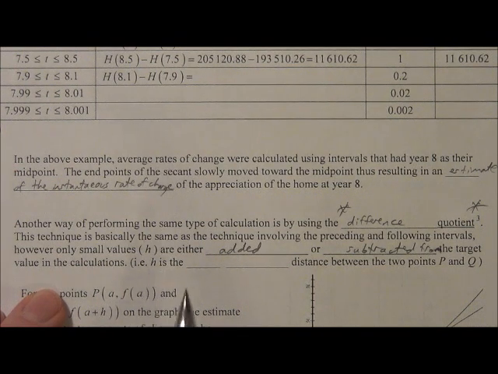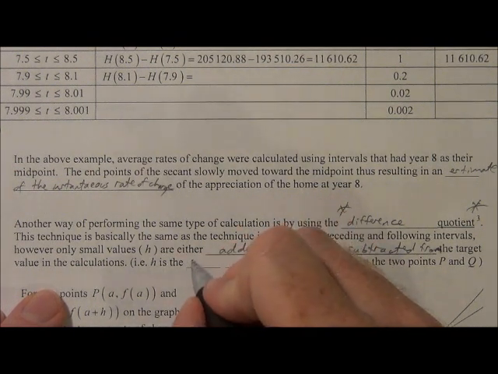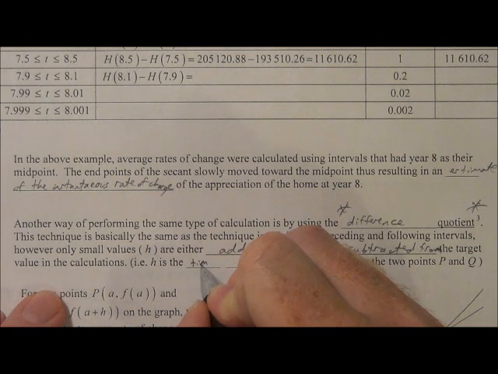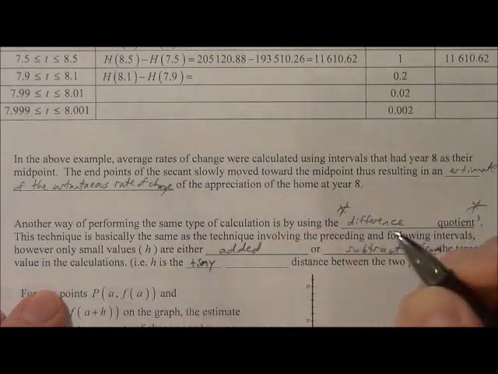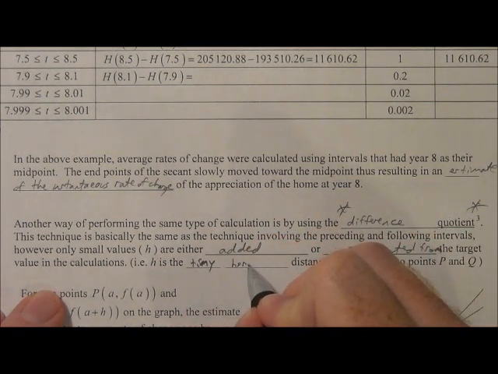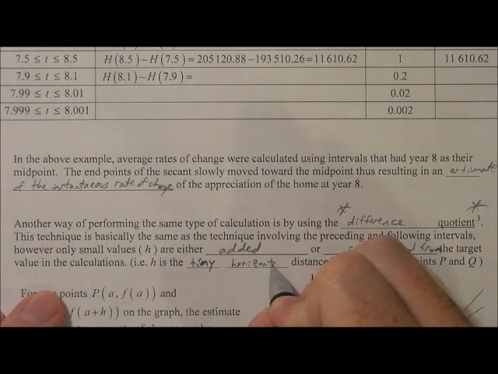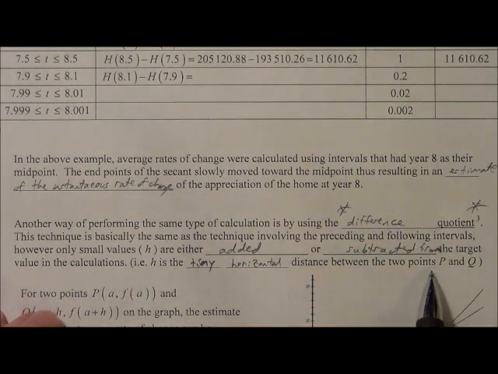So that means that h is the tiny horizontal distance between 2 points P and Q.